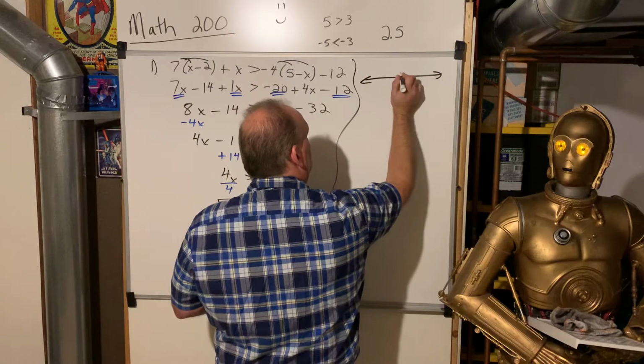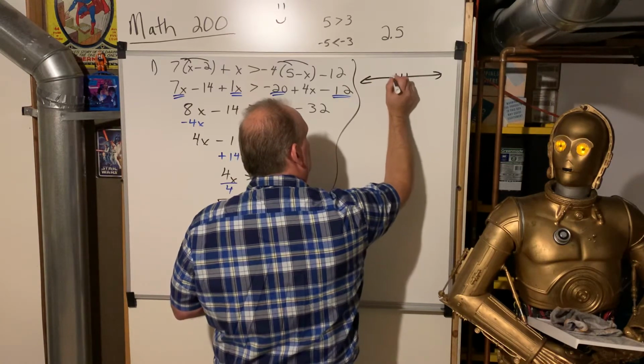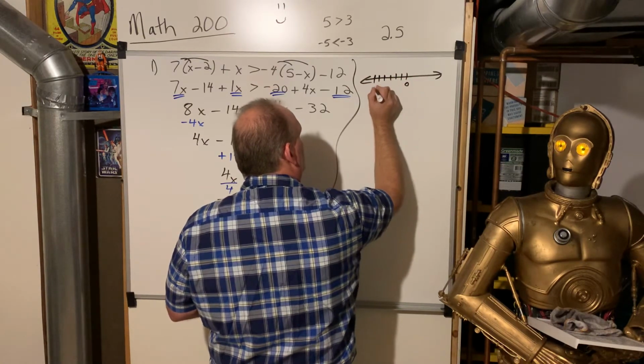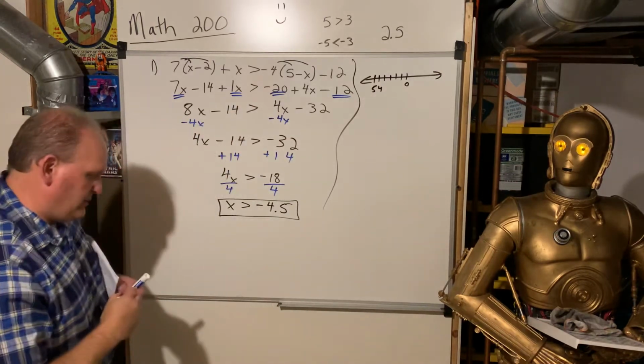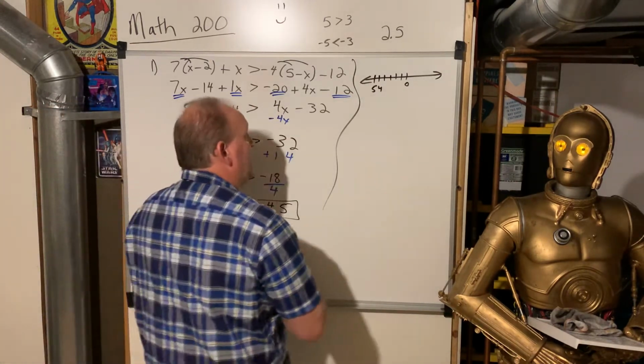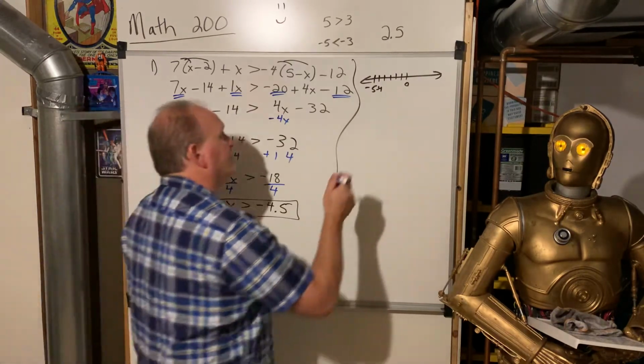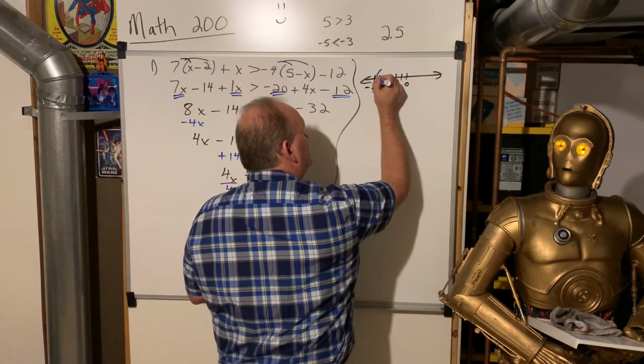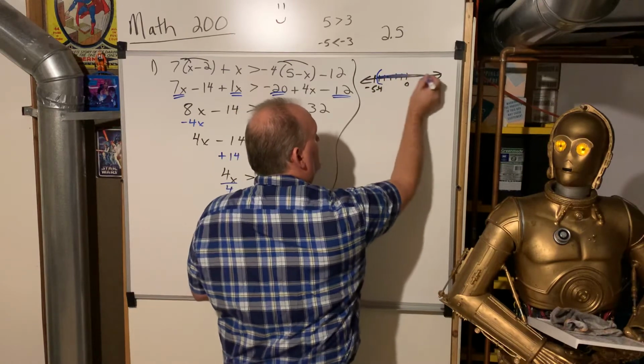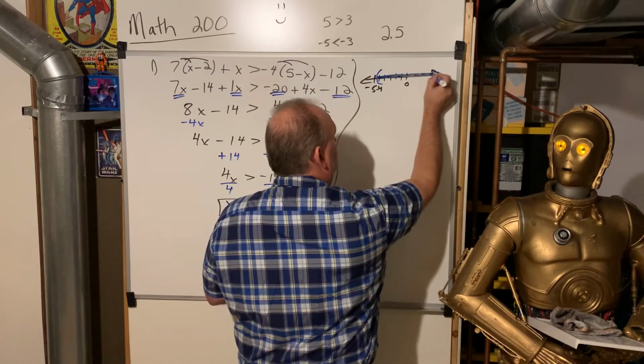Is x greater than negative 4.5, so 0, 1, 2, 3, 4, 5, there's 4, there's 5. Halfway between negative 4 and negative 5 is negative 4.5. It's a parenthesis and shaded to the right.